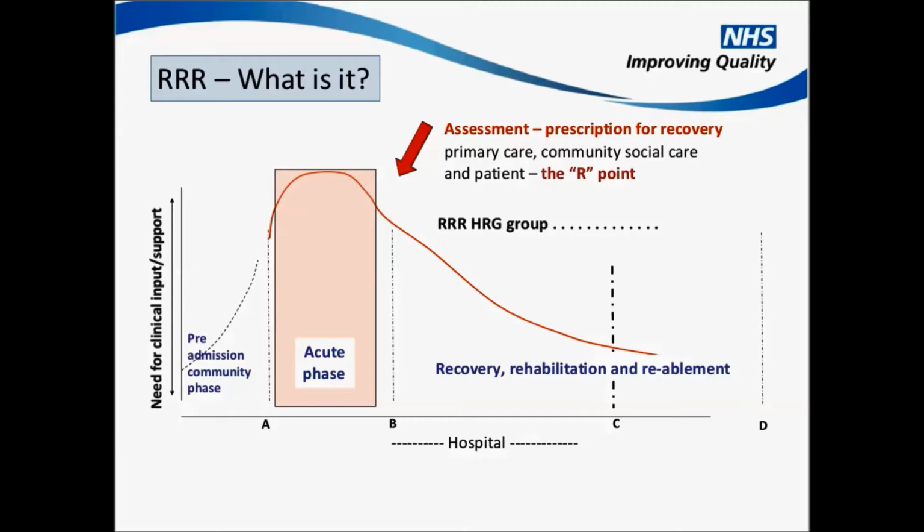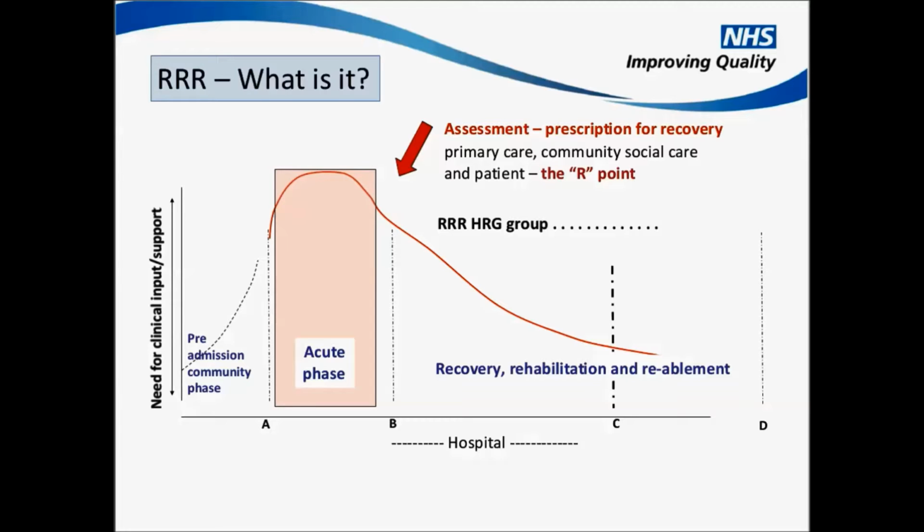Nationally, they were looking at whether that RRR service, currently occurring in acute hospital, could be identified and unbundled from the acute activity tariff, and the money transferred to the new service delivery provider, whether that's the community hospital or the nursing home, rather than being paid to the acute hospital.